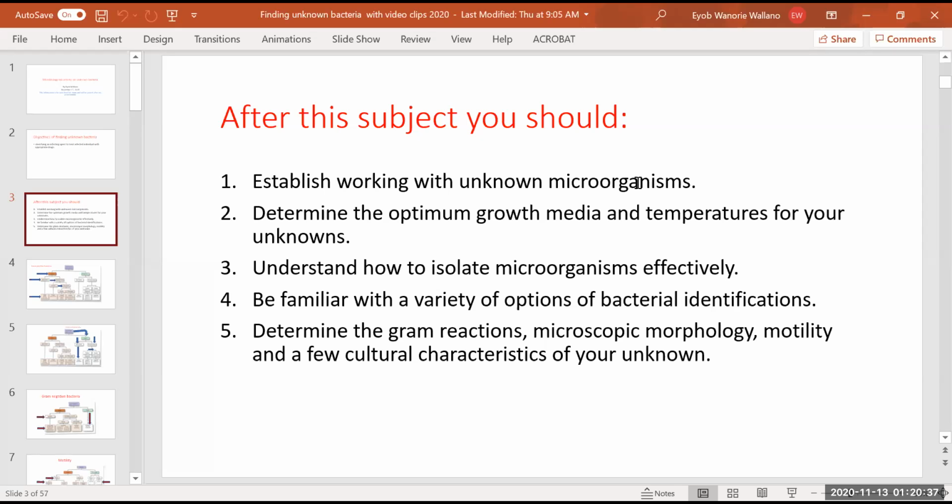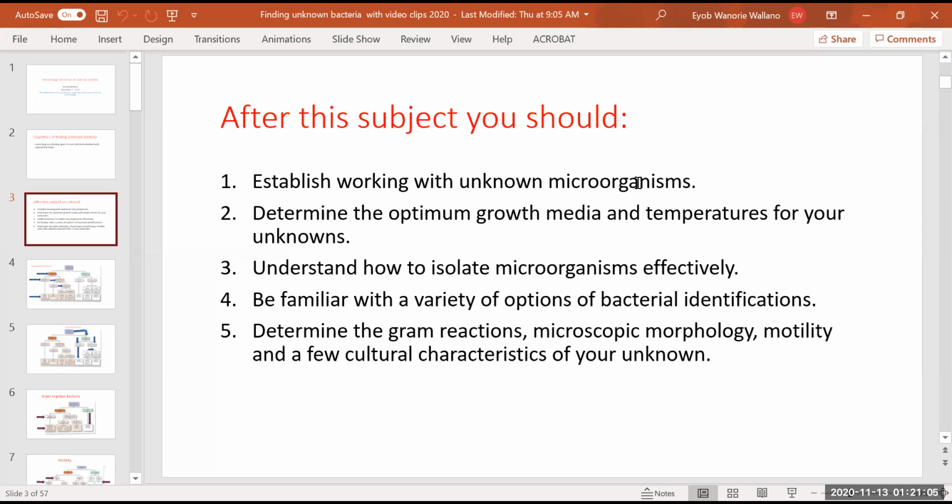Be familiar with a variety of options for bacterial identification. For example, you studied in lecture part 20 that bacteria have virulence factors like coagulase, staphylokinase, and streptokinase as enzymes, and also leukocidin and hyaluronidase. Those are very important enzymatic structures for bacteria to grow in us.